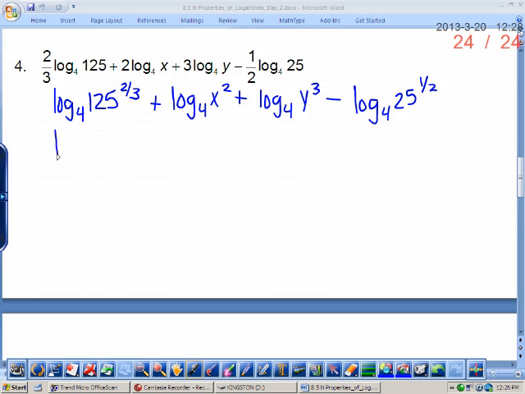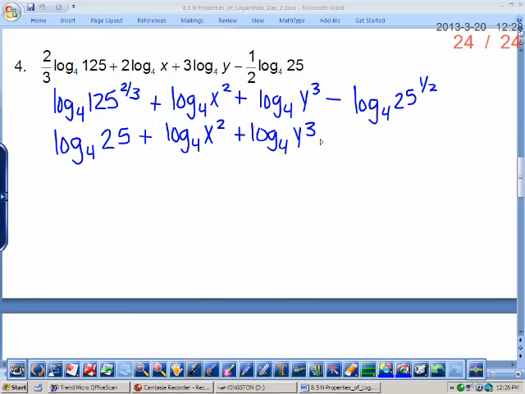And what's 5 squared? So this is log base 4 of 25. It's log base 4 of x squared, plus log base 4 of y cubed, minus. What is 25 to the 1/2 power? 5. All right, will you please go ahead and finish this problem?